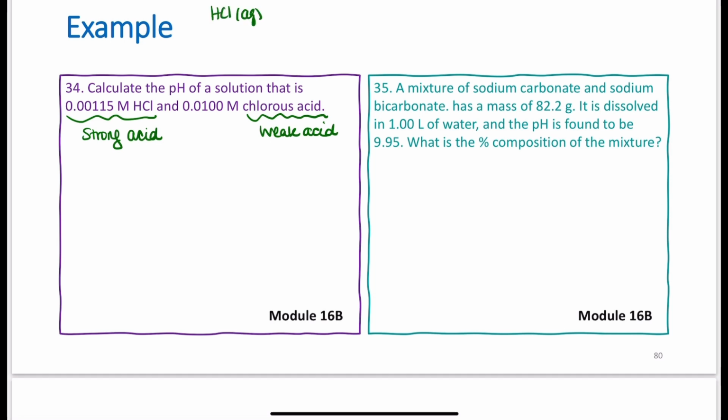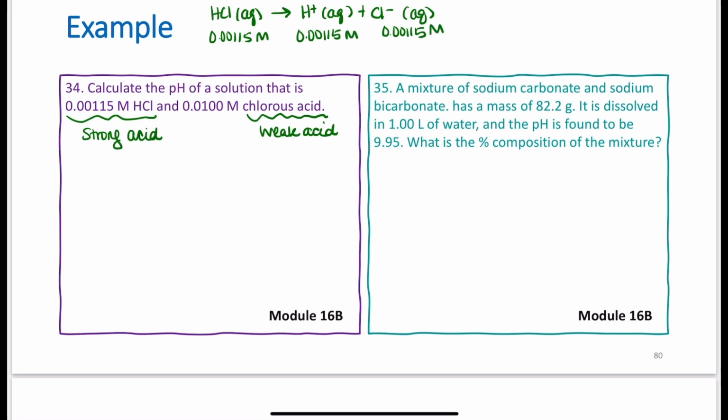HCl aqueous goes to H plus and Cl minus. If I have 0.00115 molar here, that means I have 0.00115 molar here and 0.00115 molar here.